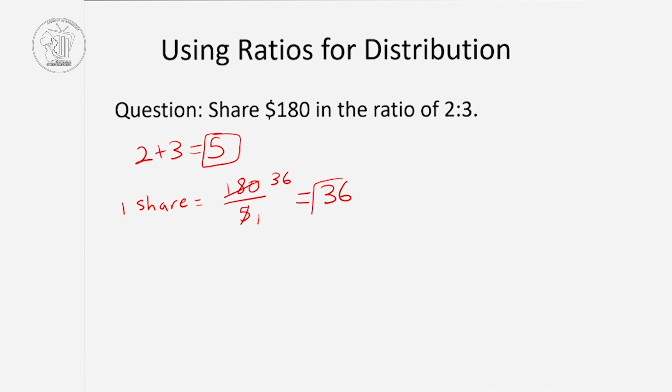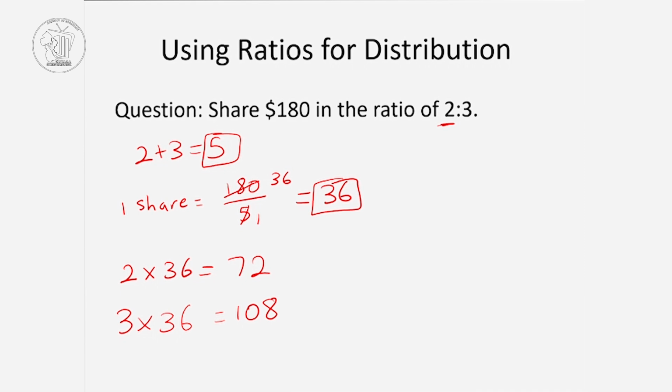If the value of one share is 36, then the value of 2 shares, which is the first part of the ratio, would be 2 multiplied by 36, which gives 72. And the value of 3 shares would be 3 multiplied by 36, which is equal to 108.